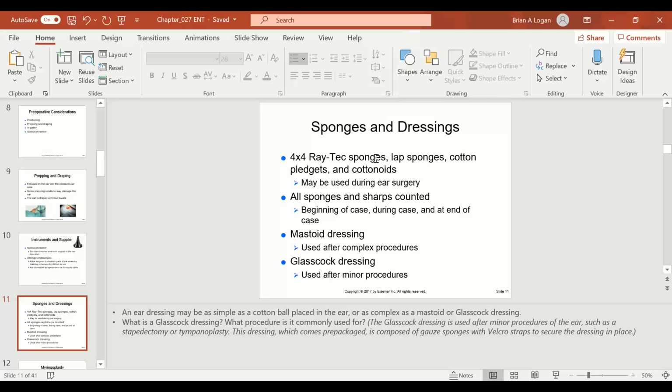Mastoid and the Glasscock dressings, these are the dressings that are going to be used when you have like major ear surgery, where they have to make that post-auricular incision and work on either the middle or inner ear or something like that. If anyone can remember Greco-Roman wrestlers, like the old Olympic wrestlers, they have to wear those headgear things.